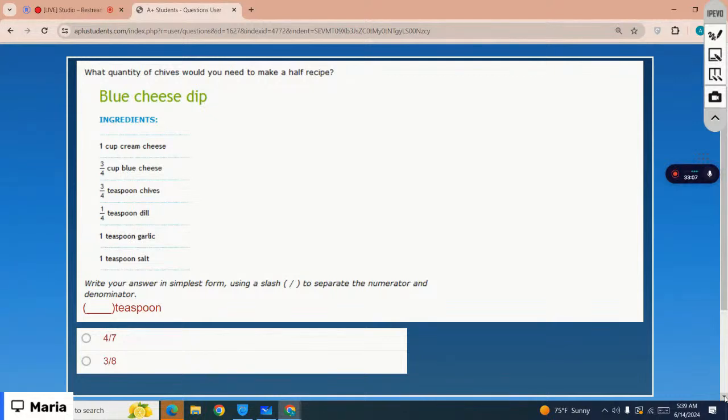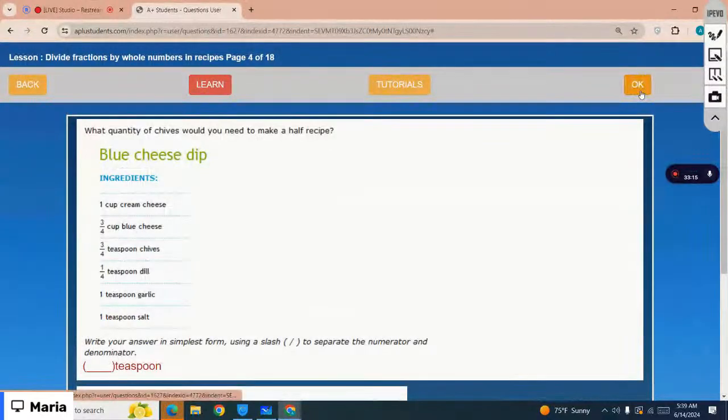The correct answer is 3 by 8. Option number 2 is the correct option. You have to divide 3 by 4 by 2. So the correct option is 3 by 8.